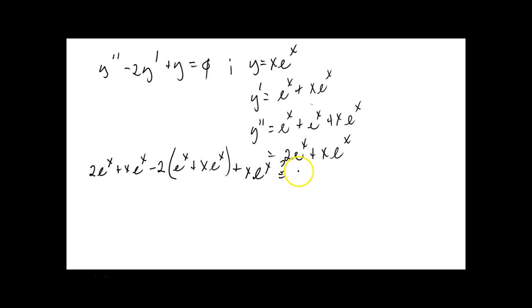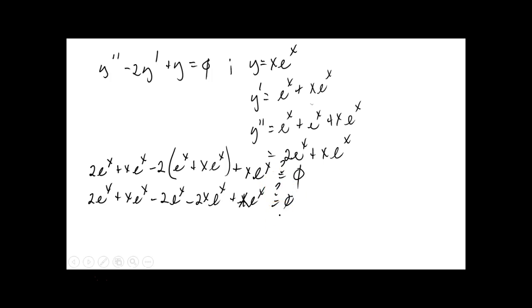This is suggesting that that's equal to 0. Let's see if it is. This would be 2e to the x plus x e to the x minus 2e to the x minus 2x e to the x plus x e to the x. Is that equal to 0?